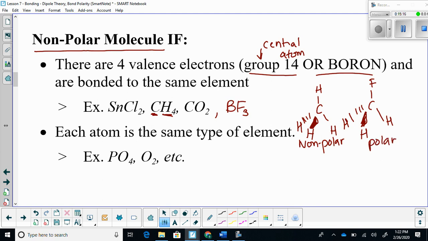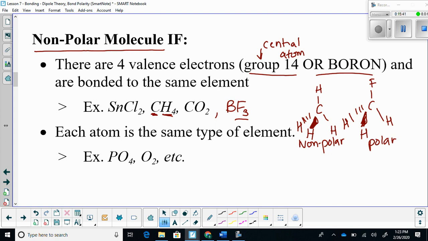Okay, so this is a very specific requirement. The central atom needs to be from group 14, and it needs to be bonded to the same type of peripheral atom. Same goes with the boron connected to 3 fluorines. As soon as I change one of these fluorines to something else, it's going to shift the polarity of the molecule, and it will change it to be polar.